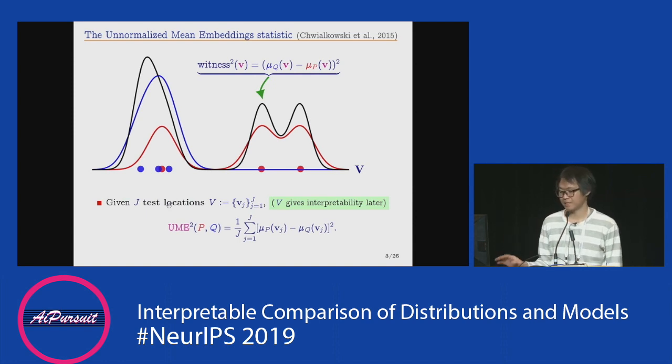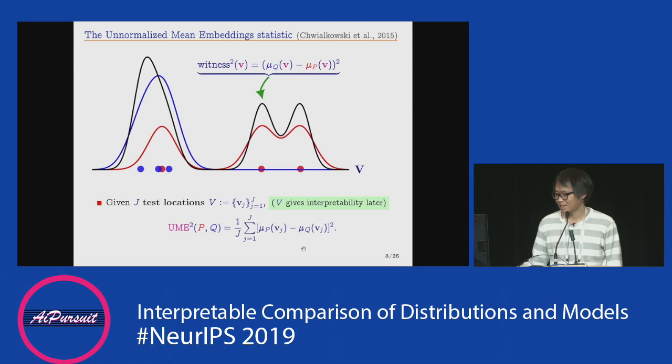Let me tell you the statistic first. Given some test locations, you simply evaluate the squared witness function and take the average. That gives you a new statistic. It's called the UME, the unnormalized mean embedding statistic. Now, the first question is, what can you say about this statistic?